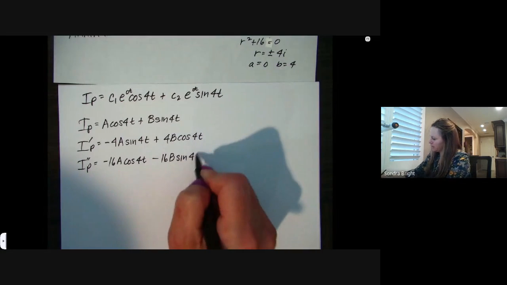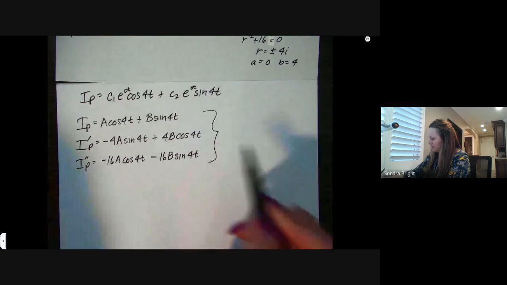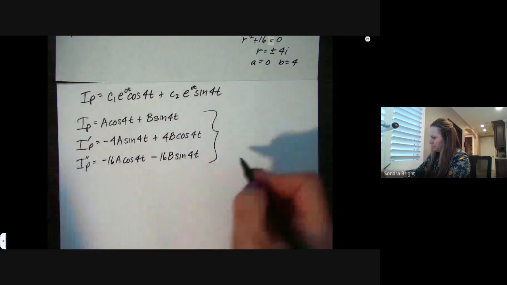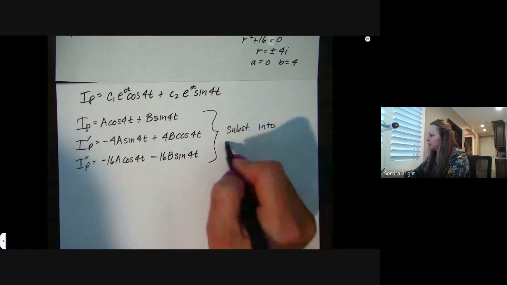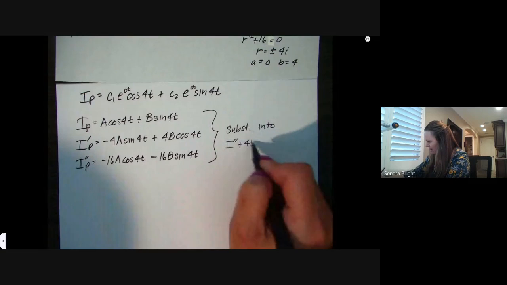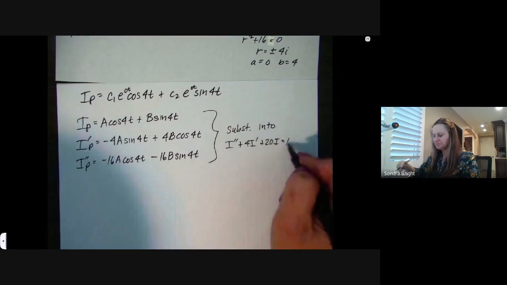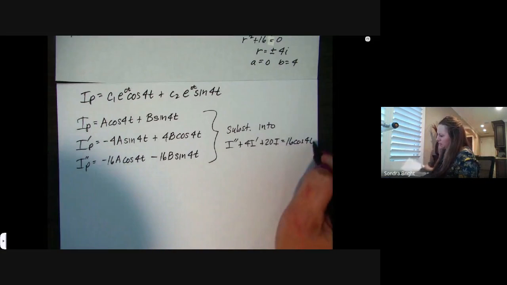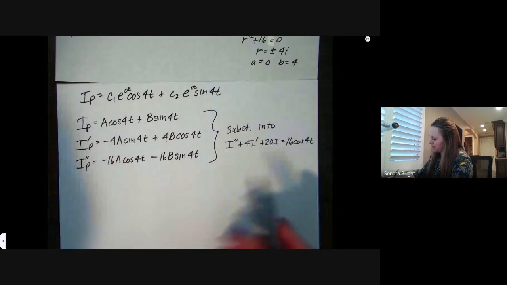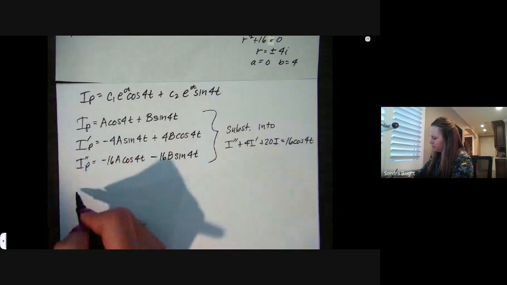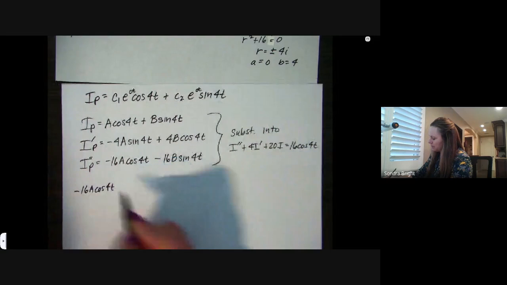All right, we're going to take this and substitute it into my equation of i double prime plus 4i prime plus 20i is equal to 16 cosine of 4t. So I'm going to come down over here and I would have your second derivative, negative 16a cosine of 4t minus 16b sine of 4t.